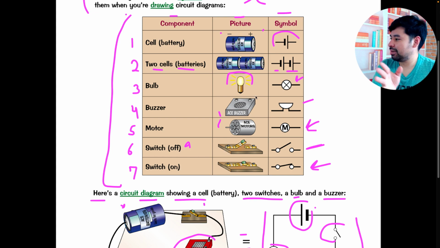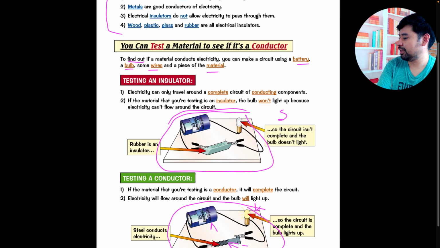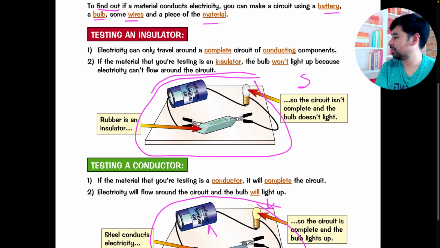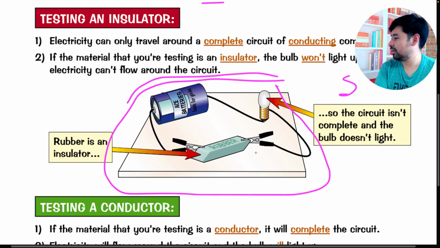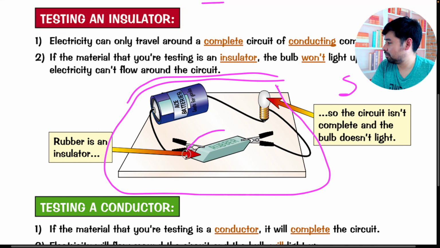But if we analyze this picture here, this is a rubber, and we don't have a symbol for that.